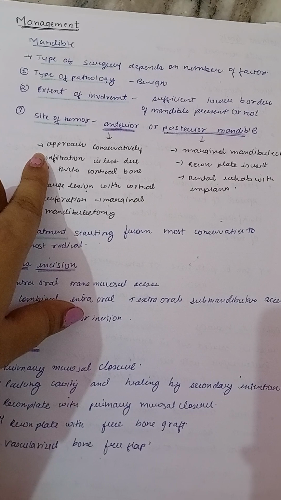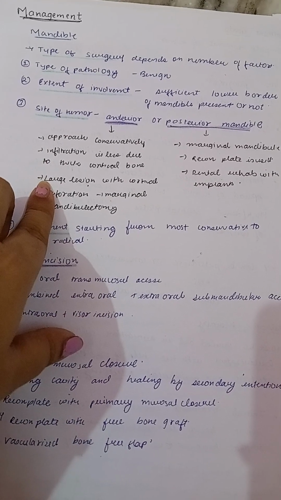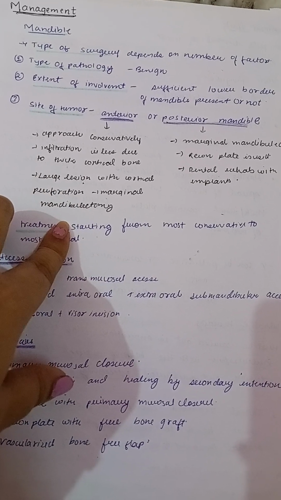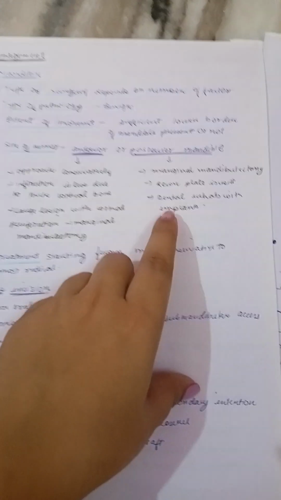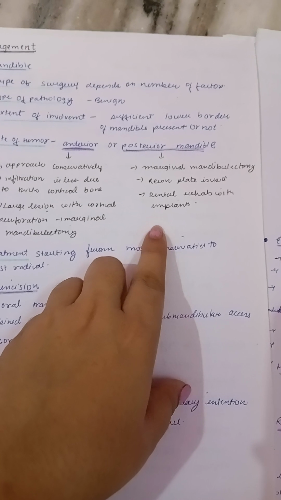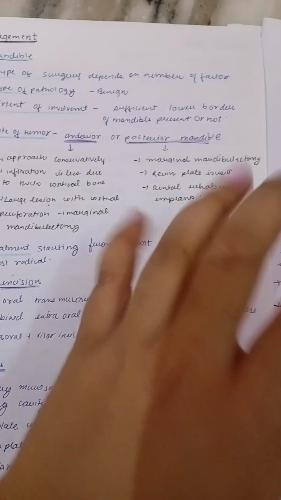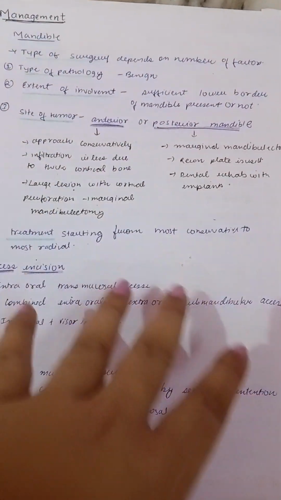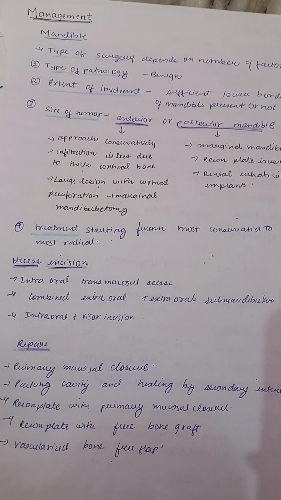If an anterior tumor is there, then approach conservatively. Infiltration is less due to thick cortical bone. For a large lesion with cortical perforation, marginal mandibulectomy is done. For posterior mandible, marginal mandibulectomy, recon plate is used, and dental rehab with implants. Okay, I am giving just a brief idea of how the management is done if the lesion is in mandible or when it is in maxilla.